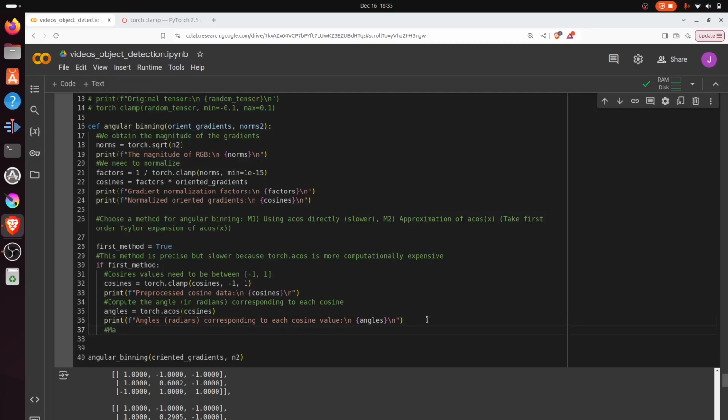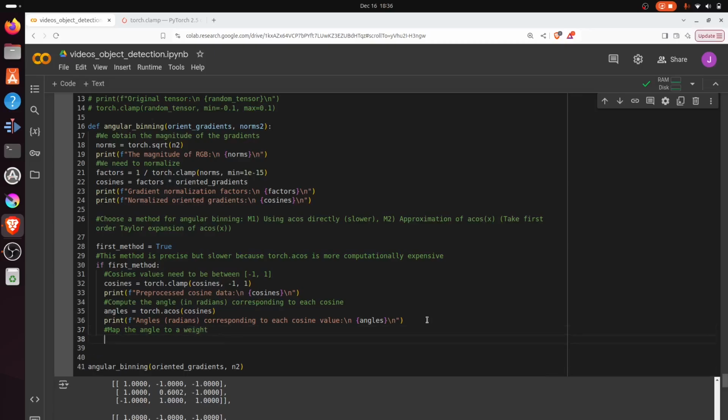We're going to map the angle in radians to a weight. That is the idea. And how are we going to do that? Well, we are going to use the following logic.